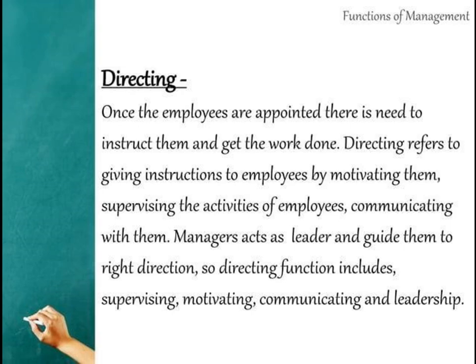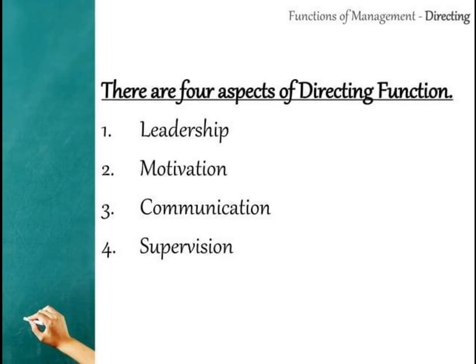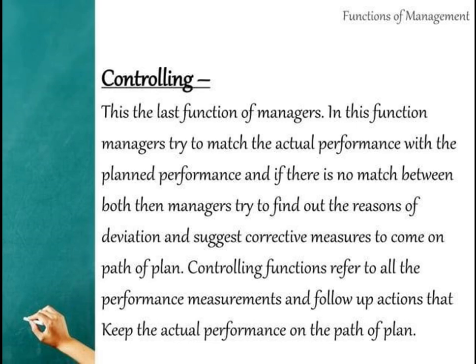And coming to the last function of management, controlling. Controlling is defined as monitoring and evaluating the performance of the employees. For example, a quality control manager monitors production to ensure defect-free products.